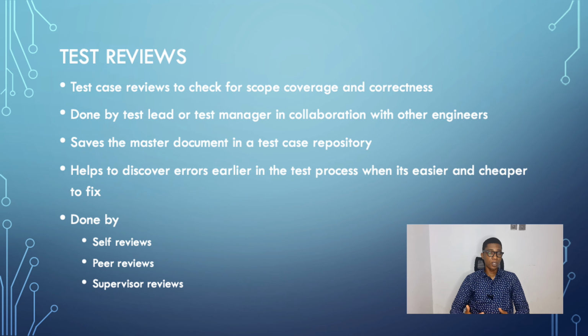These are some of the defects found with test cases or test case documentation, as the case may be. You must be able to check for these classes of defects with test case documentation. Very important, so test review is very important.